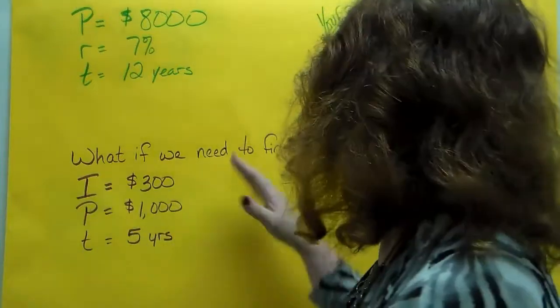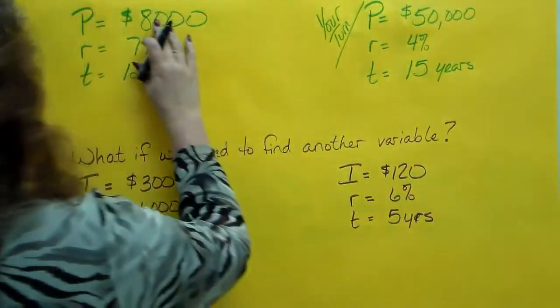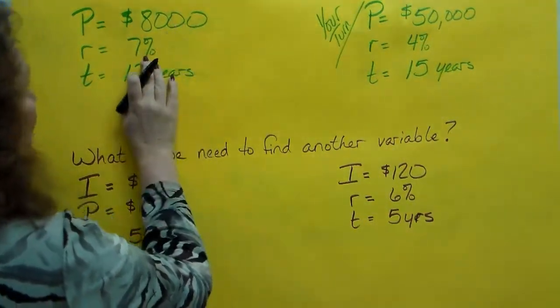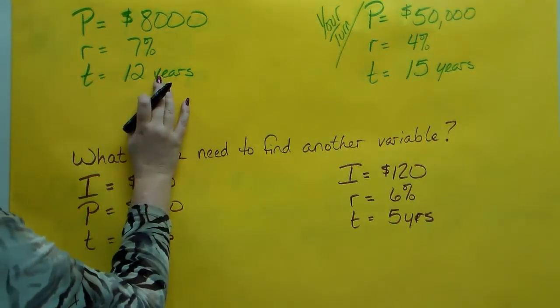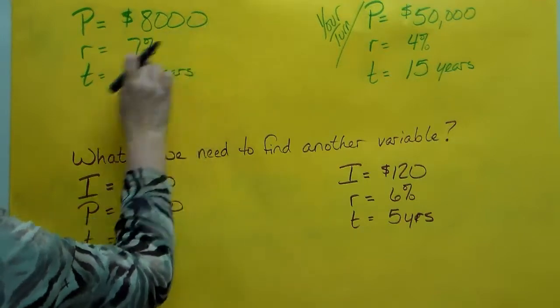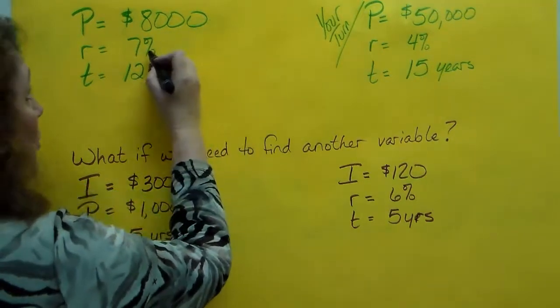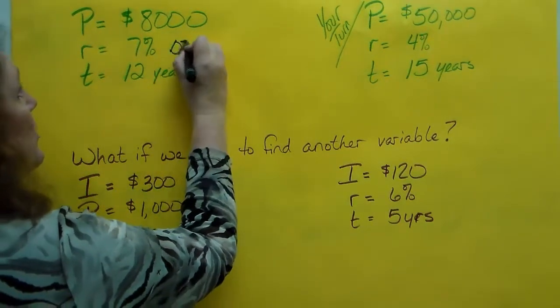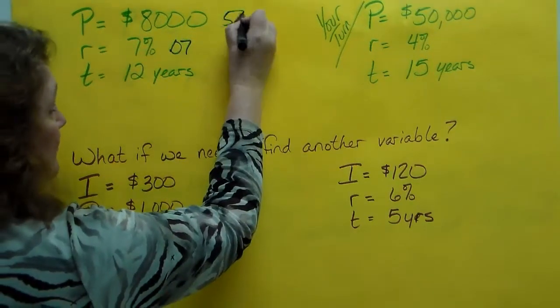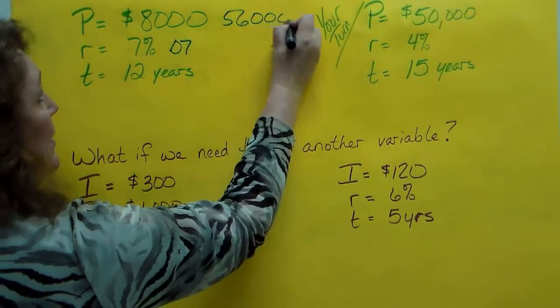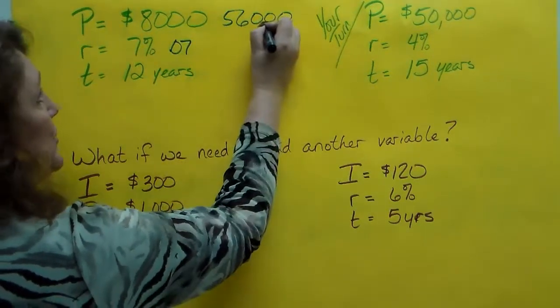I'll give you one more example, and then you can try one. We've got $8,000 at 7% for 12 years. So we're going to multiply 8,000 times 0.07. Now 8 times 7 is 56 with 3 zeros and 2 decimal points.